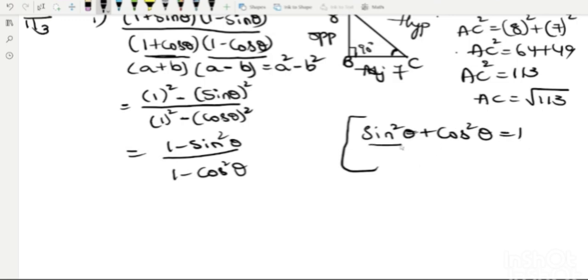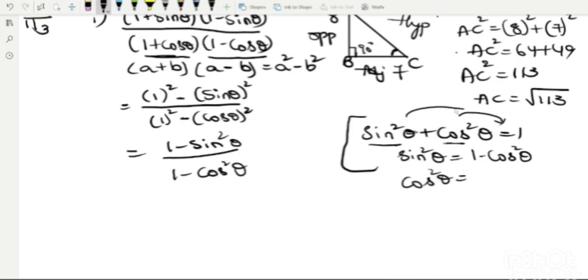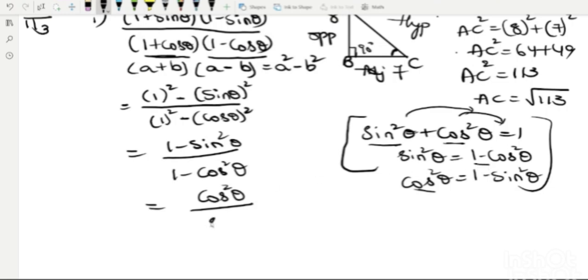From here, you can write sine square theta equals 1 minus cos square theta, and if you want to find cos square theta, you shift the sine square theta to the other side, which becomes 1 minus sine square theta. Now you can directly substitute them here. 1 minus sine square theta is cos square theta, divided by 1 minus cos square theta, which is sine square theta.